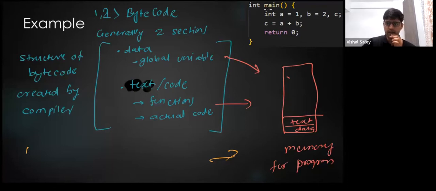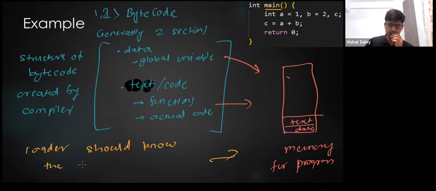So whenever we ask the operating system to run this particular code, the operating system should know where the main starts, right? Isn't that right? So when the loader is loading this particular executable file, the loader should know the starting point, or the main.